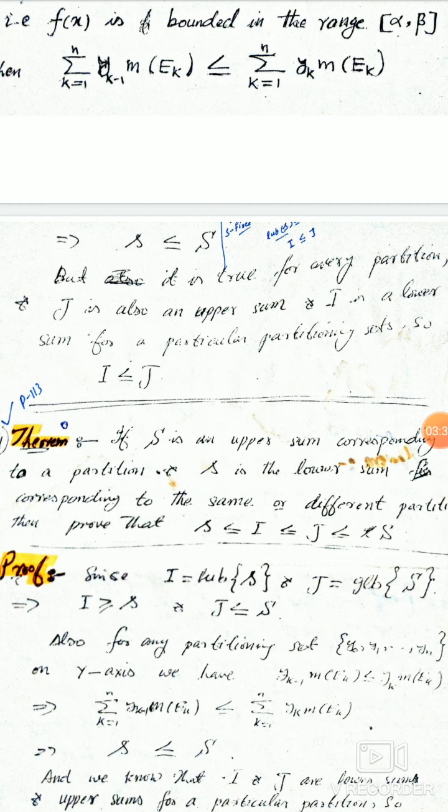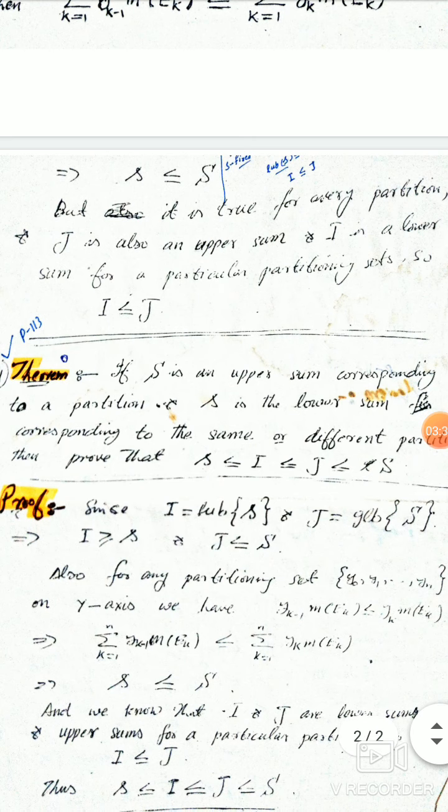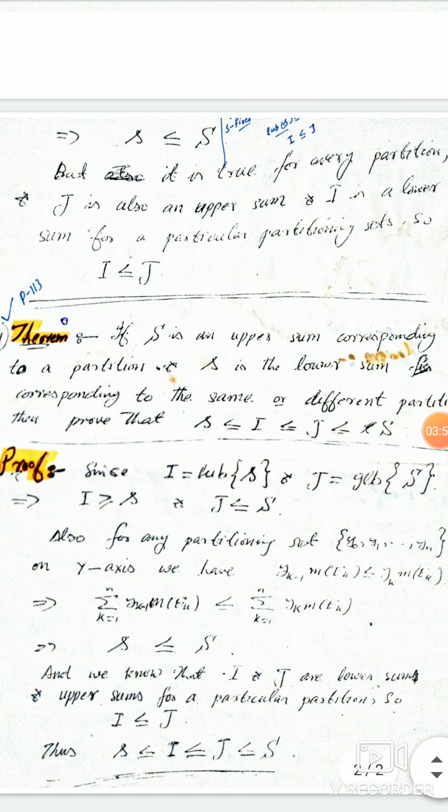So for a particular partition set, I must be less than or equal to J, or J must be greater than or equal to I, as small s is less than or equal to capital S. Therefore we can also write I less than or equal to J.